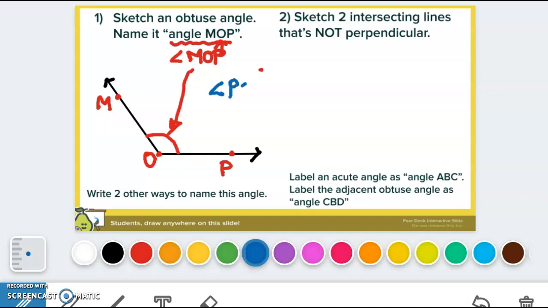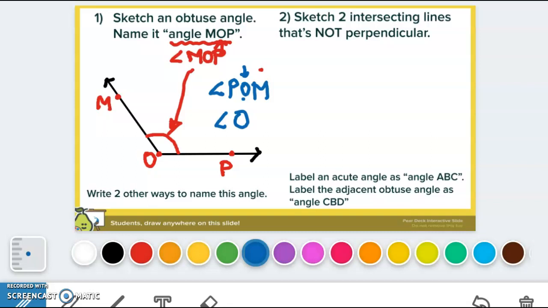You can go the other direction as long as the middle letter is the O. O has to be at the vertex, just the same as here. Another way to call this angle is angle O, just using one letter because there are no other letters. So we can certainly call this angle by just one letter, which is called angle O.